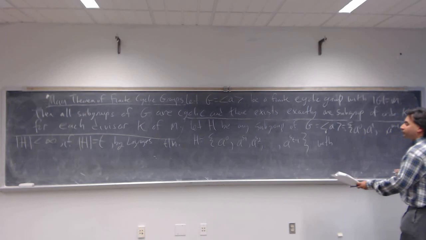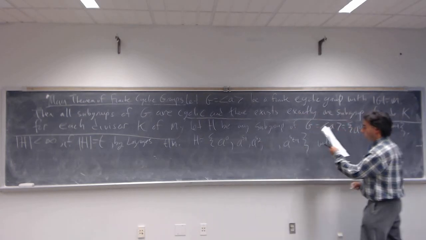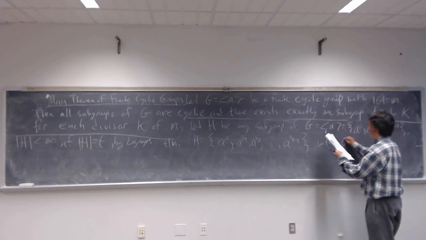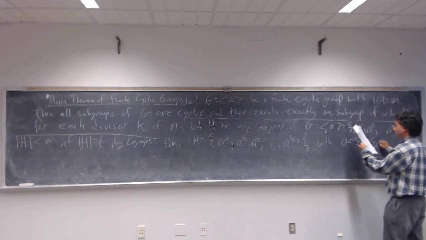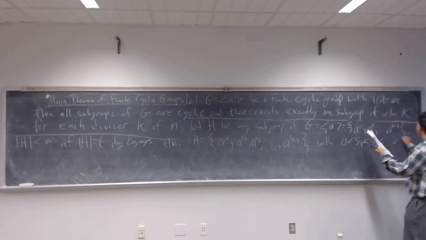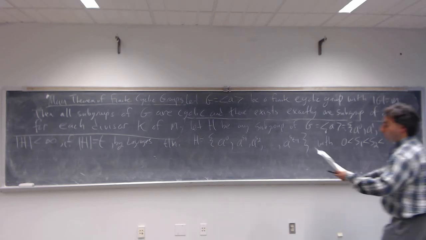By arranging these labels, we'll pick s1 to be the smallest, s2 to be the next smallest. So 0 is less than s1, s1 is less than s2, and so on, all the way up to s sub t minus 1. And a to the 0 we exclude from that.